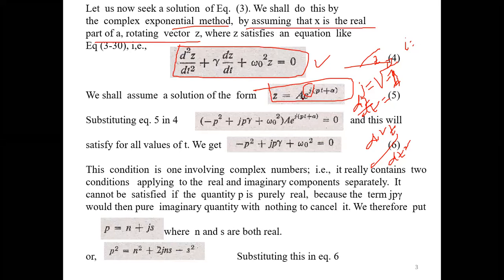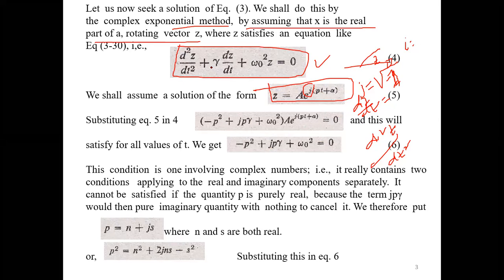So it will be A e to the power j(pt + α), and since you are differentiating with respect to t, a jp term will come here. If you differentiate again, another jp will be there. So (jp)² is equal to j²p², and j² equals minus 1.